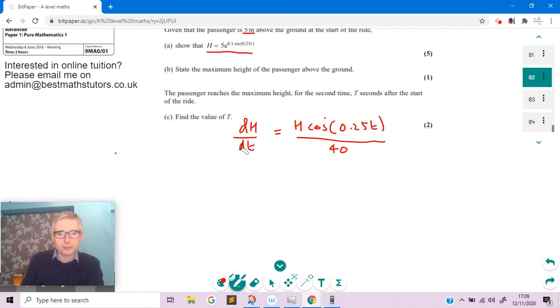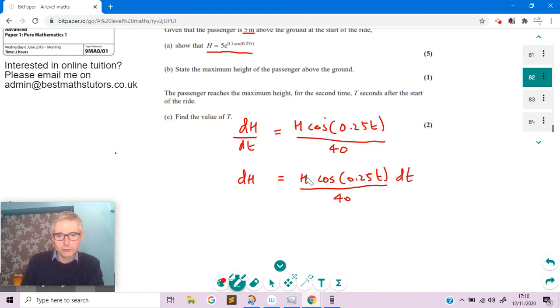With a fraction, we could multiply both sides by the denominator, and it would cancel on one side and appear on the right-hand side. So multiplying both sides by dt, dh is equal to h cos(0.25t/40), and the dt ends up here.